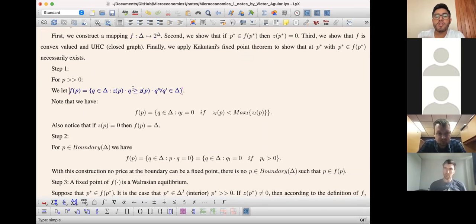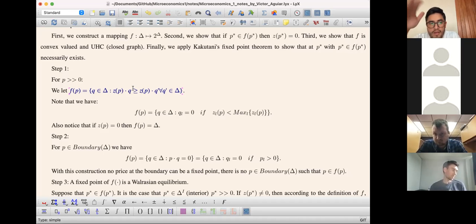So the image of this is not only one price, but possibly a set of prices. Now, essentially, we have that F of P is equal to all vectors Q such that Q_l is equal to 0 if the excess demand z_l of such a good is less than or equal to the maximum over l.